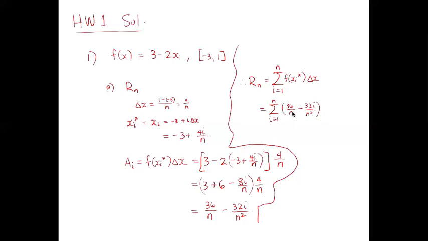And then remember, 36 over n is constant relative to the index of the summation, so it can go out, okay? You will have 36 over n, summation of 1, i from 1 up to n.